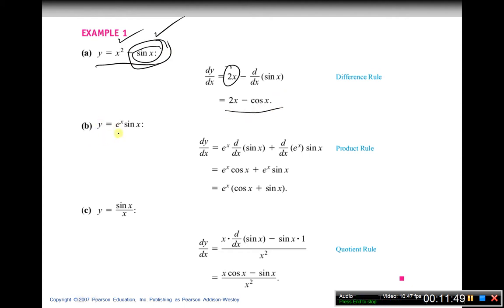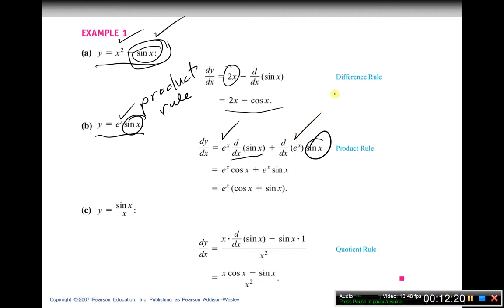Now, to find the derivative of e to the x times sine of x, we'll use the product rule. So that would be the first times the derivative of the second, which would be the derivative of sine of x, plus the second, which is sine of x, times the derivative of the first, which is derivative of e to the x.